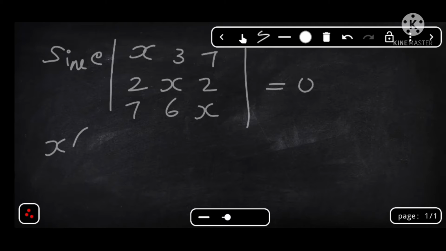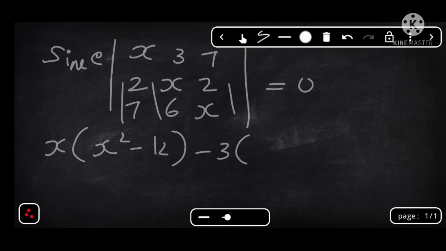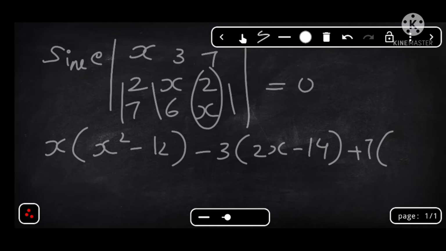So x into, first this one, x square minus 12, minus 3 into these two, this one and this one. Okay, so it will be 2x minus 14 plus 7 into 12 minus 7x, right?